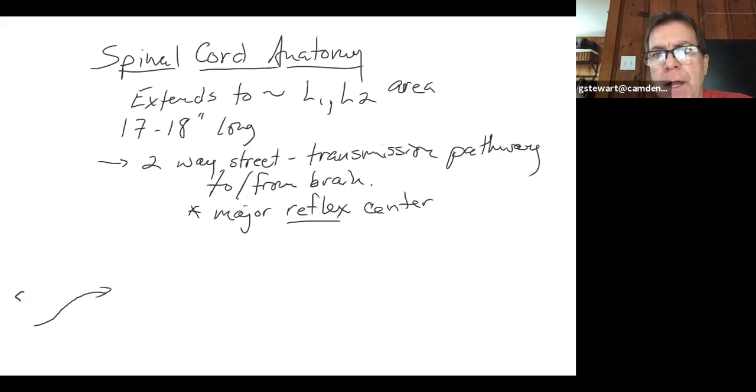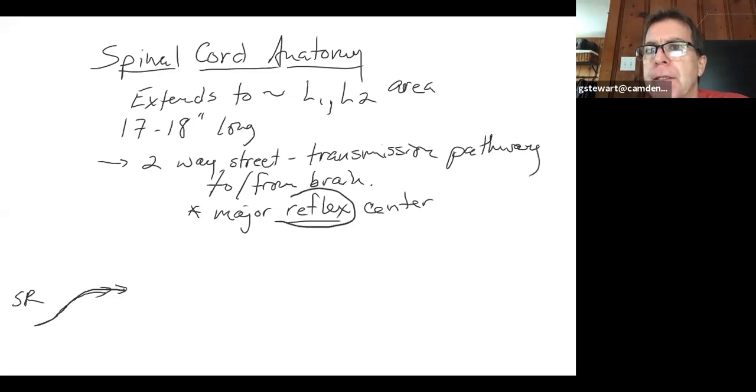So I'm just going to put SR for sensory receptor. Let's say you're sitting in a chair and I'm tapping right below your patella, your kneecap. You know you have reflexes there. Those sensory receptors, when they are tapped, send an impulse toward the central nervous system.